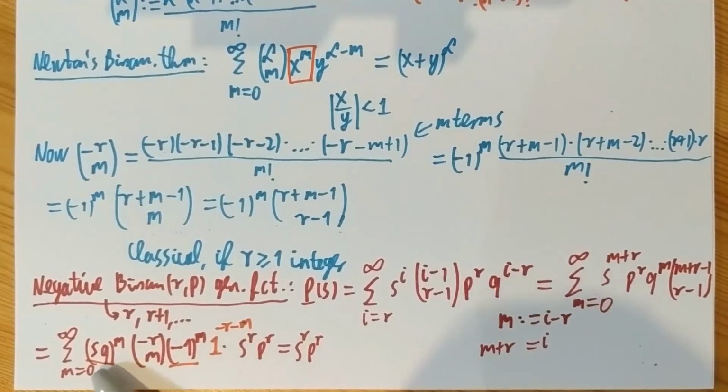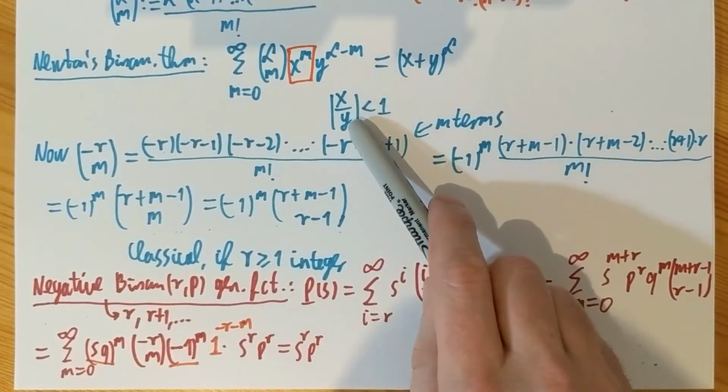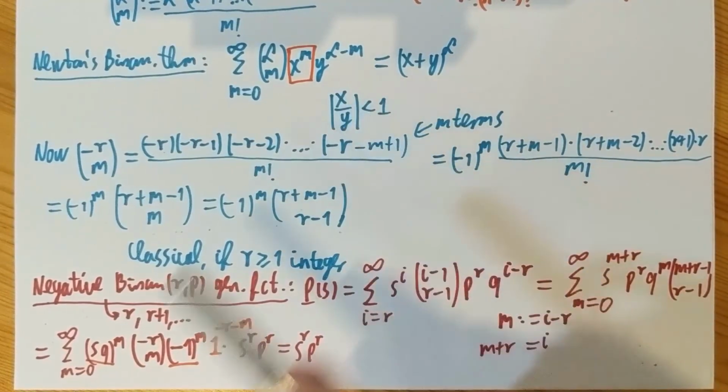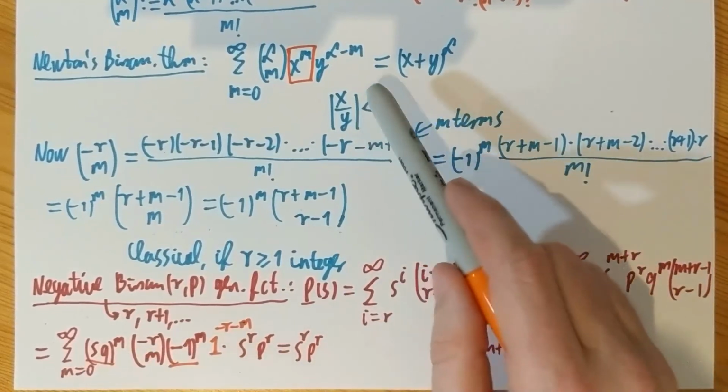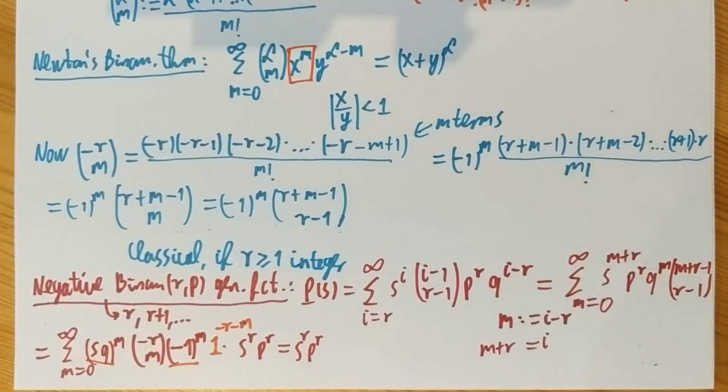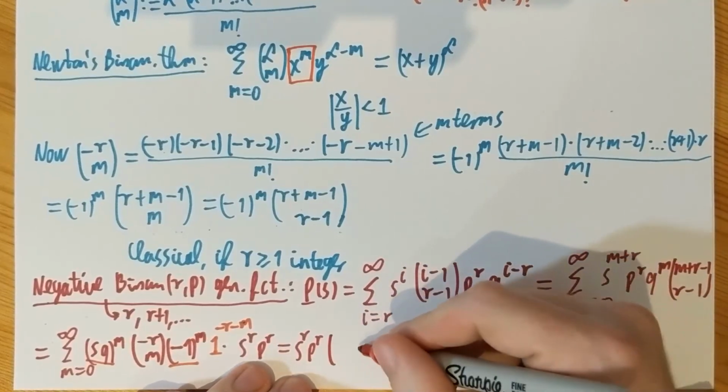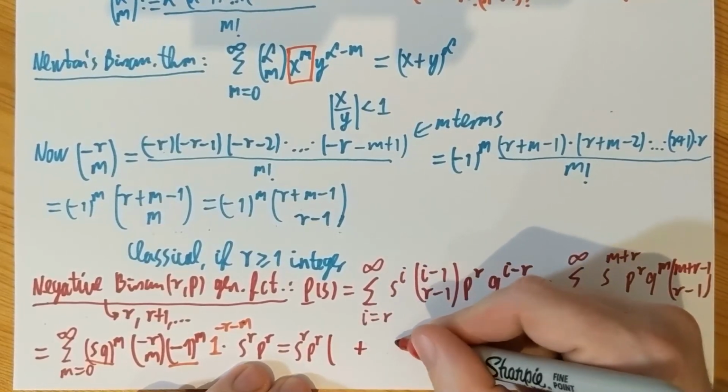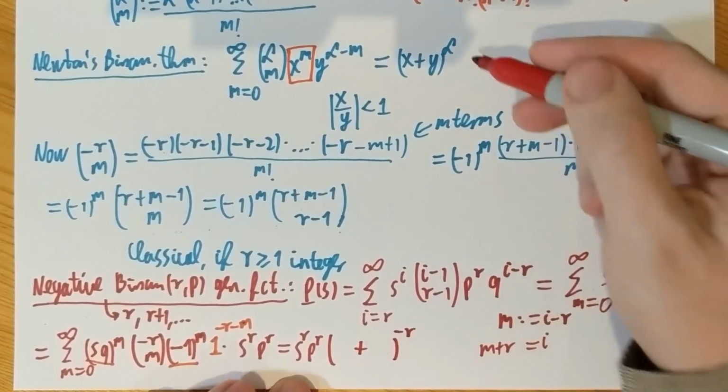Notice that sq for s equal to 1 is smaller than 1, so x will be smaller than y, that is, sq with the minus sign in modulus is smaller than 1. So things converge, and I can just plug in x plus y to the alpha, which is minus r.